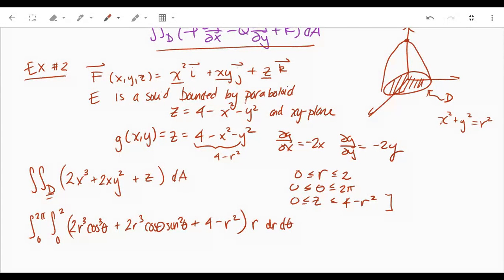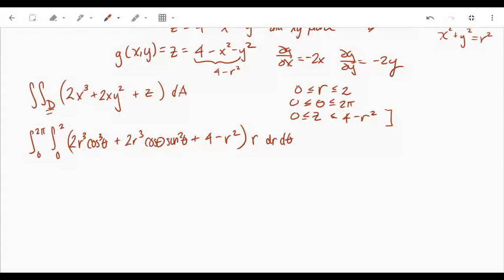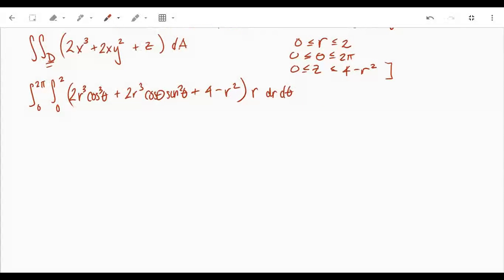Okay, and there is some simplification here that you might not see right away, but look at those first two terms. If I factor out a 2r cubed cosine, I'm left with cosine squared plus sine squared. So that's nice. Okay, and then make sure I distribute that r.